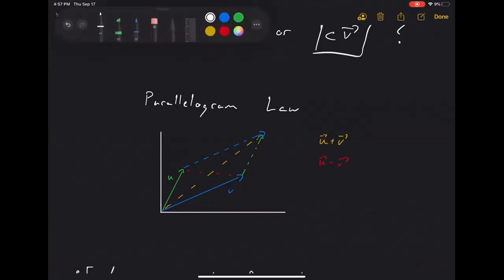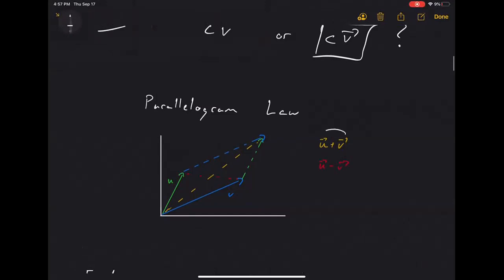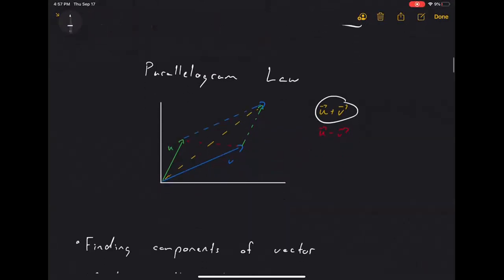One way to state it is the longer diagonal of the parallelogram will be u plus v. So this long diagonal going this way, that's my u plus v. And then the short diagonal is going to be u minus v. Right? And how do we get that? Remember that I can basically add tip to tail.